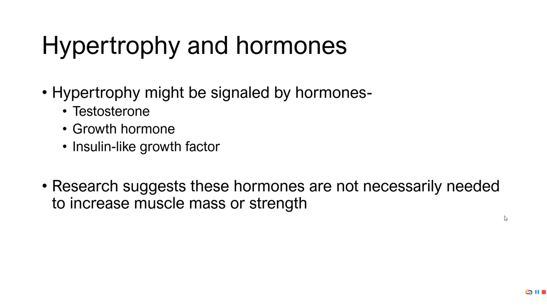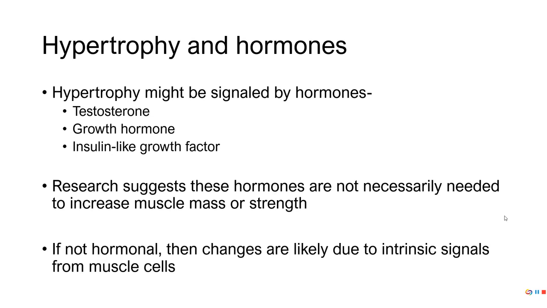As I discuss in a later video, hormones are a complicated thing to study because there are so many potential interactions. There are so many different forms of a hormone and many different types of receptors, so it's really hard to figure out. If it isn't a hormonal signal, then there's probably something going on within the muscle itself. But I tend to believe that it's a combination of both, that it's not just one or the other.